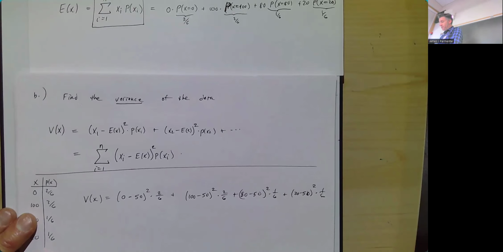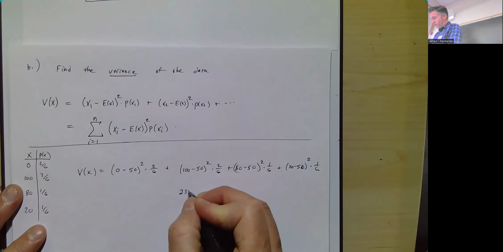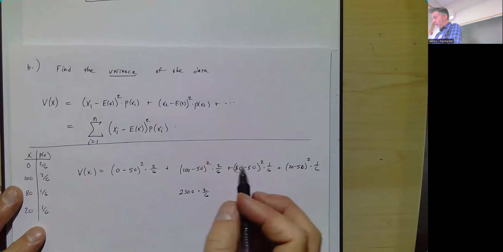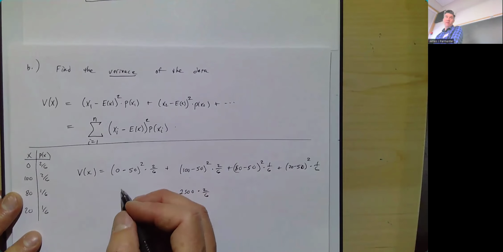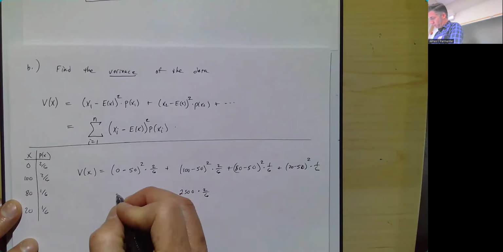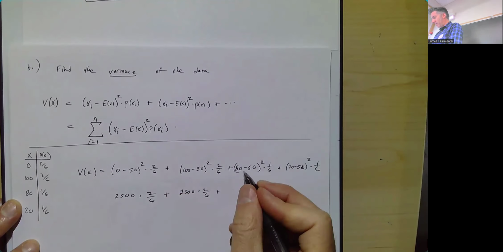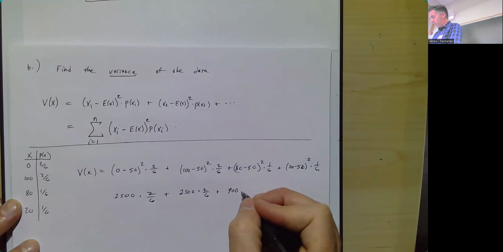Let's see what we get. 100 minus 50 is 50. 50 squared is 2,500 times 2/6. Oh, I missed that one there. Sorry. The first one's the same though. 0 minus 50 is negative 50, and negative 50 squared is 2,500 times 2/6. Here we get 80 minus 50, which is 30 squared, which is 900 times 1/6.